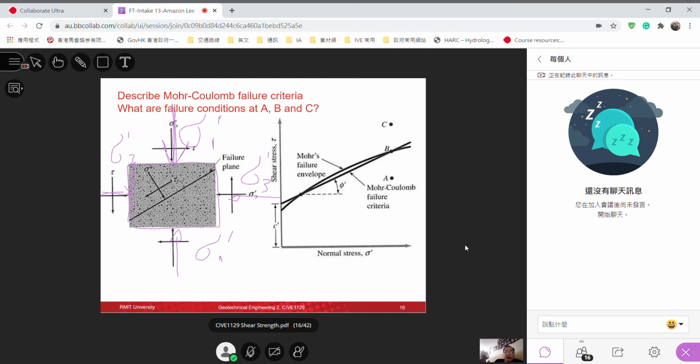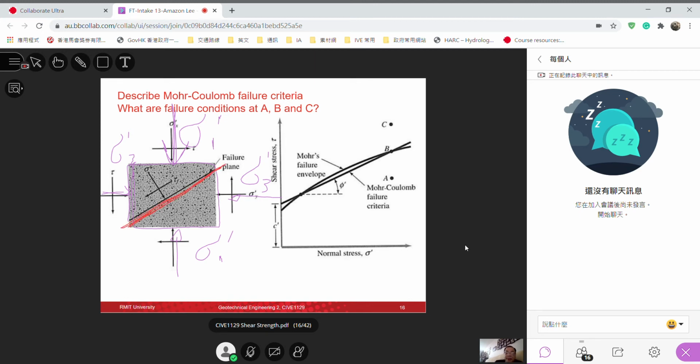Now, when we have major principal stress applying vertically and minor principal stress horizontally, by stress decomposition we know that the maximum normal stress and shear stress are not in the vertical or horizontal direction. They are on a potential failure plane.